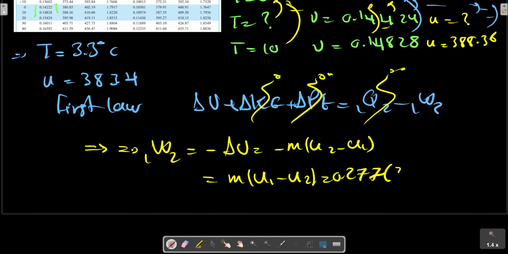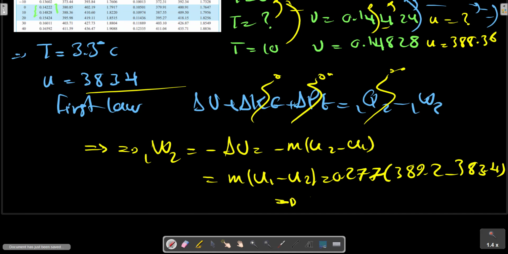U1 is calculated and U2 obtained, so we get the work.